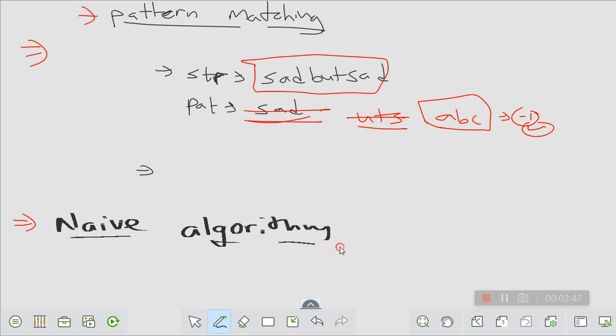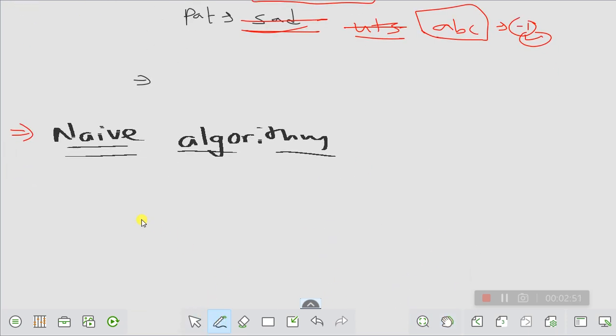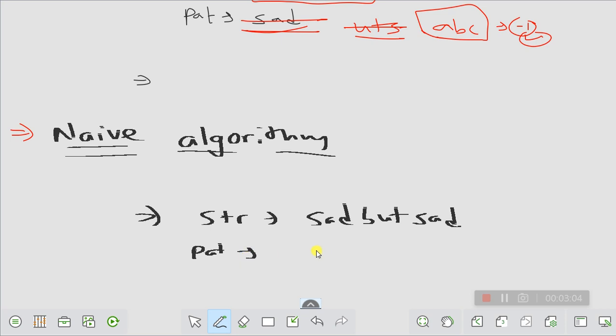This algorithm says that to find the occurrence of a pattern, let me first write the string here, "sad but sad", and I have one pattern which is UTS.